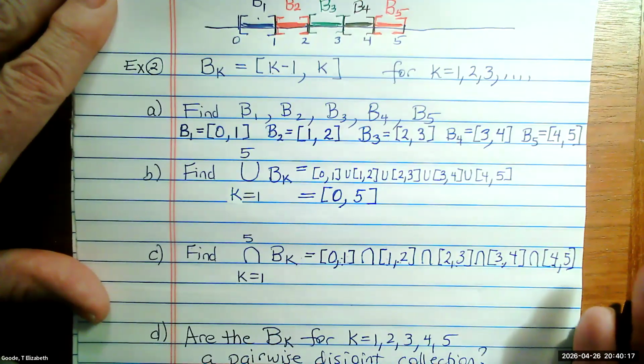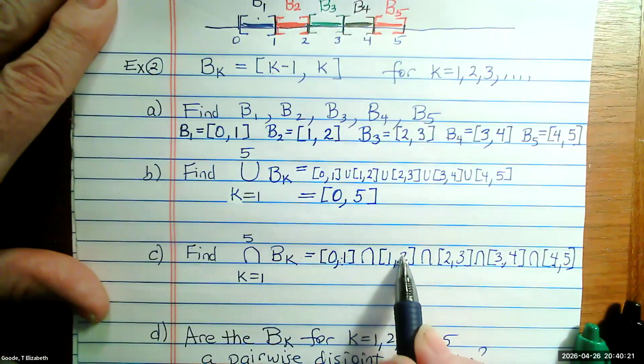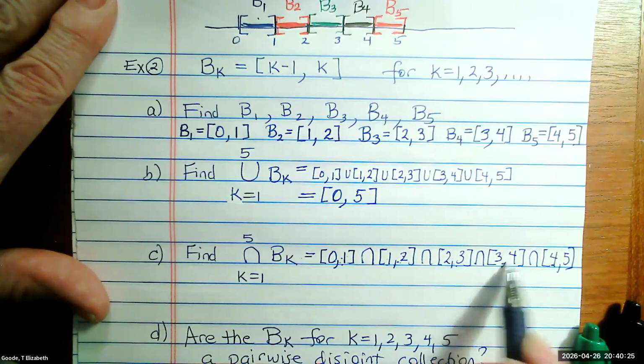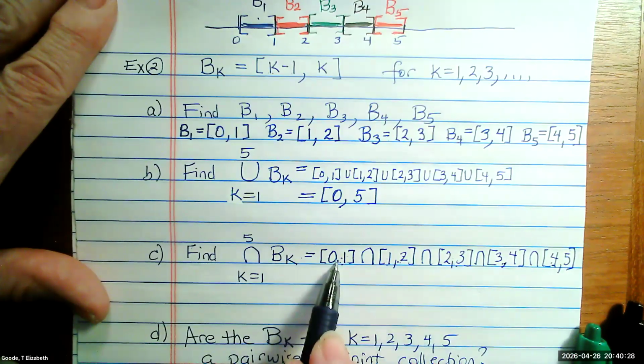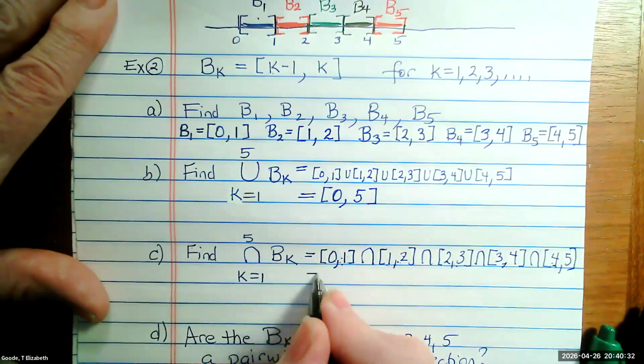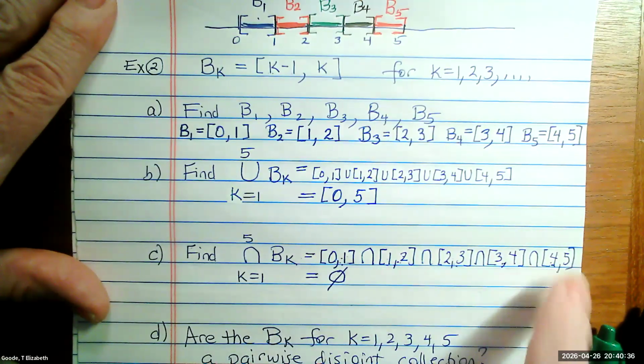So one is out. And then when you do the same thing for the two, B2 and B3 share the two, but B4 doesn't have the two, and B5 doesn't, and B1 doesn't. So the two isn't in the intersection of all of these. There is no real number that is in the intersection of all five of these.